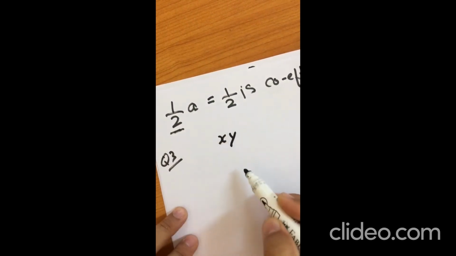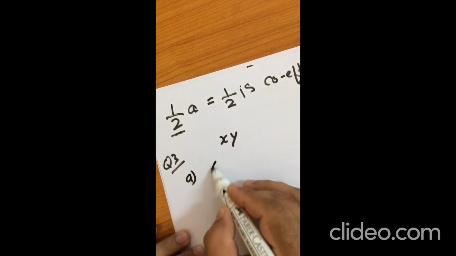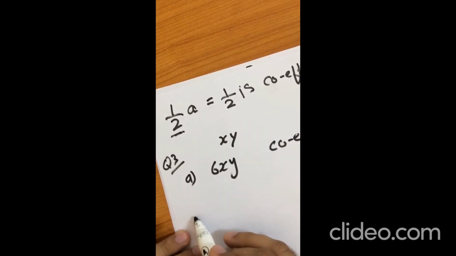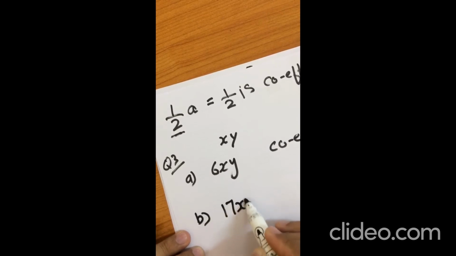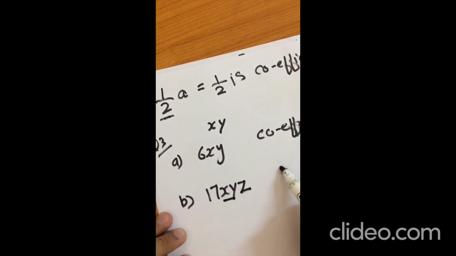All the rest of the numbers, whatsoever is written, are considered to be constants. Suppose 6 x, y. So the coefficient is 6. If you see the B, 17 x, y, z. Except x, y, all the rest of the things are the coefficient.